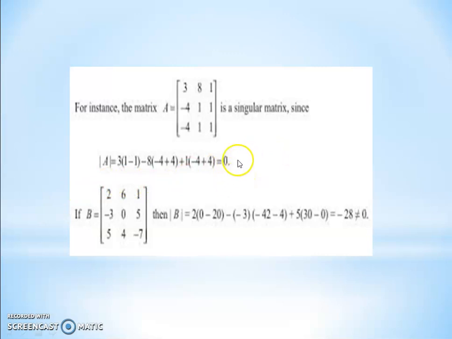Let us take the first row, and skip the first column. 1 into 1 is 1, 1 into minus 1 is minus 1, so I write it directly here. Next, first row, second column. 8 remains the same, so minus 8, because the middle is always negative in a 3 by 3 order determinant.